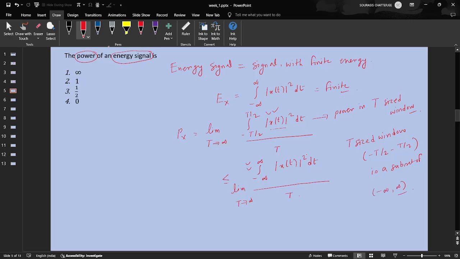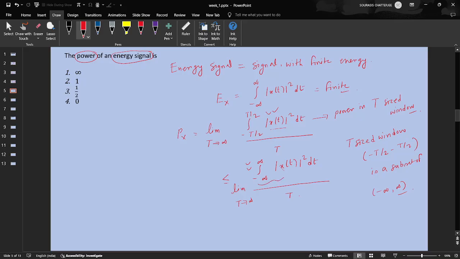And since we are integrating an absolute value square, which is a positive quantity, the integral of this over the entire range is always greater than the integral over a T-sized window. Intuitively we can say that energy in a T-sized window is always equal to or less than the energy of the signal in its entirety. So this is what we get.